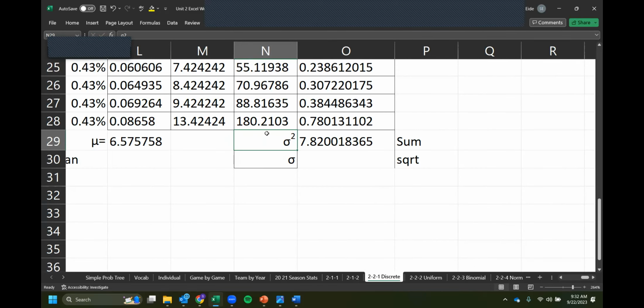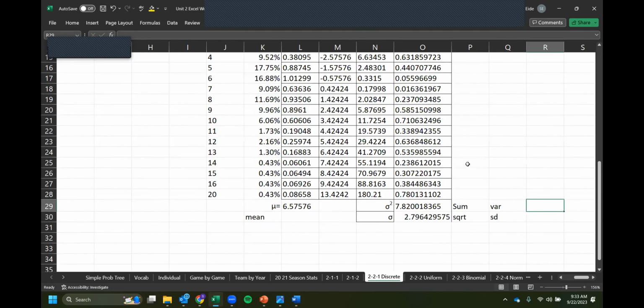Starts with a V. Variance. So standard deviation is close, but the standard deviation is going to be the square root of the variance. So equals square root of this. And this right here, we have the standard deviation. This right here, we have the variance.